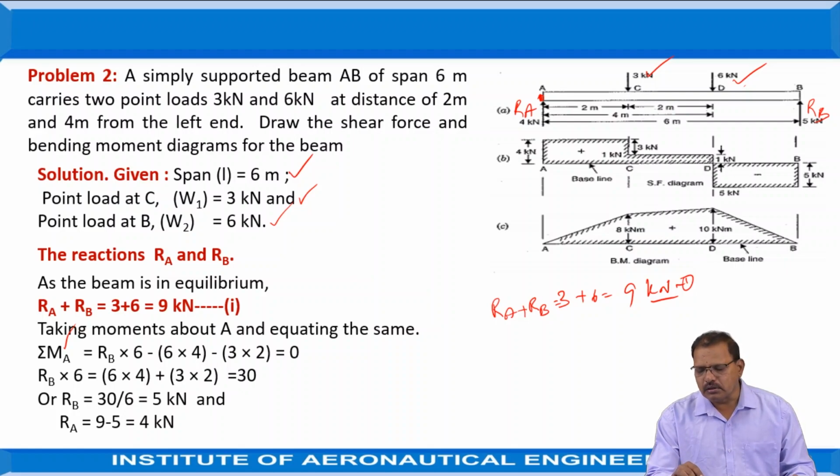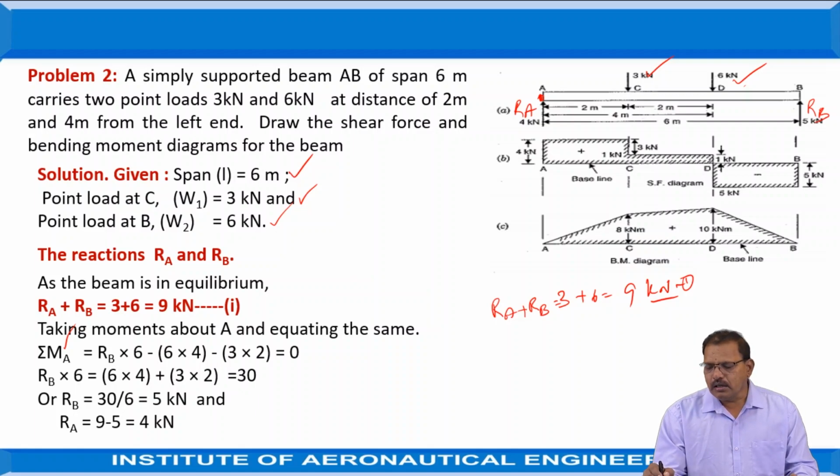So here the moment at A is equal to RB into the length of the beam, the distance between A and B, which is 6 meters, RB into 6.